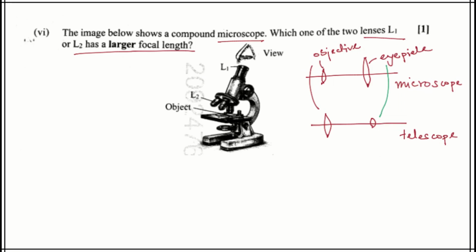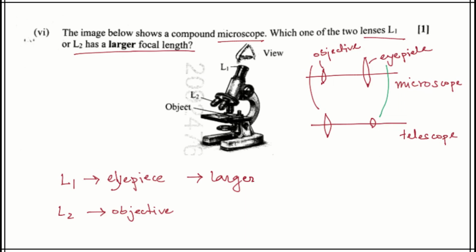So we can write L1 is the eyepiece and L2 is the objective. So L1 must have the larger focal length than L2.